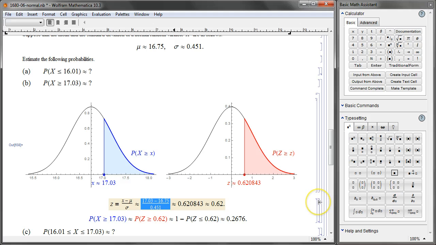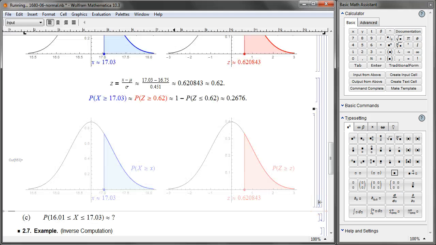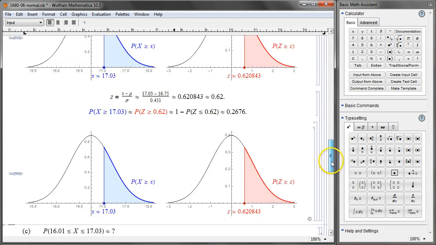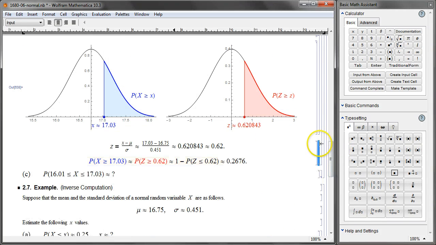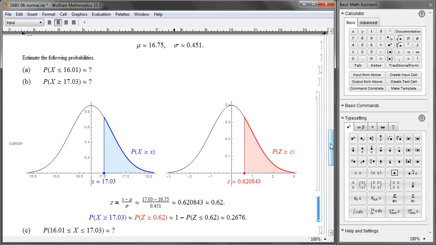Actually we need the complement. So we have to do 1 minus 0.7324, and we get 0.2676. We have done this before. Draw the picture, get the z-score, use your brain, you can do it.